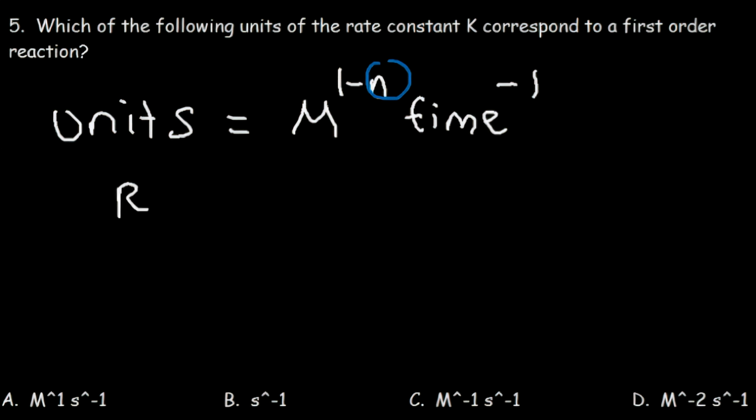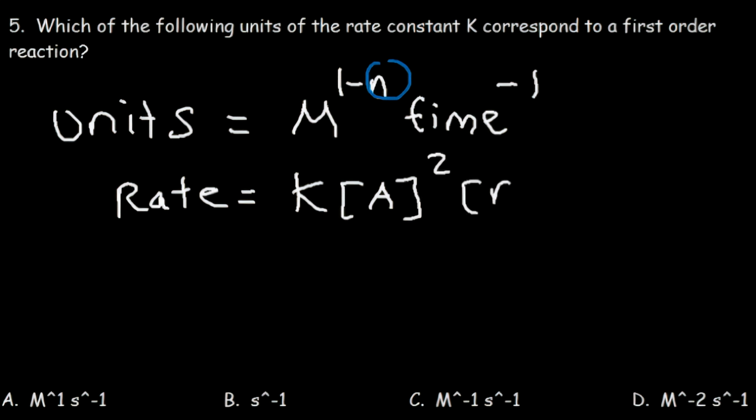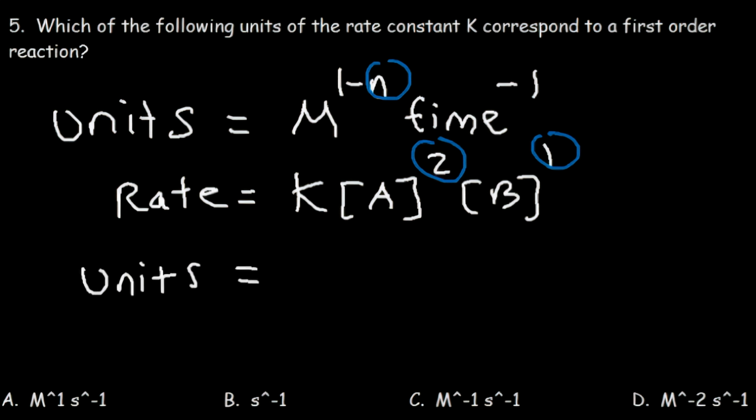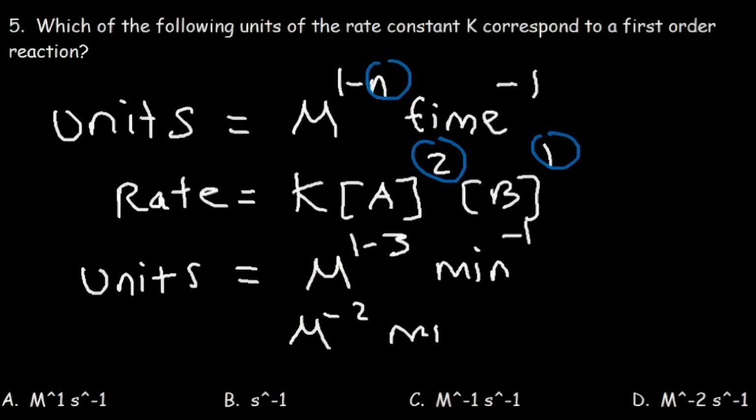So let's say we have a rate law expression that looks like this: k A squared B. For B, it's first order, but overall, if you add the exponents, it's third order overall. So we need to plug in 3 for n. So the units is going to be M to the 1 minus 3, and let's say the time is in minutes, minutes to the negative 1. So it's going to be M to the minus 2, minutes to the minus 1.